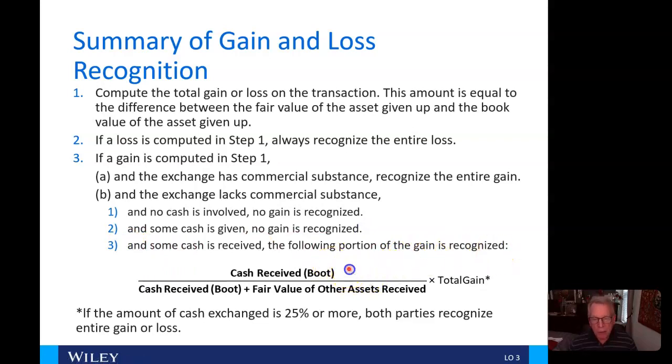Here we talk about the cash received as boot: boot divided by boot plus the fair value of the other assets received, times the total gain. Now, if the amount of cash exchanged is 25% or more, then both parties recognize the entire gain or loss. Fairly complex there.